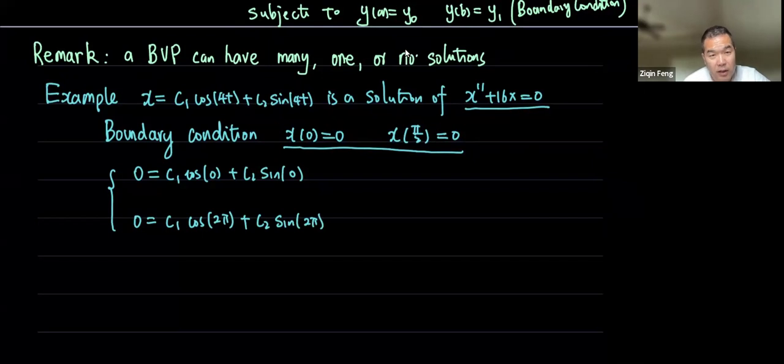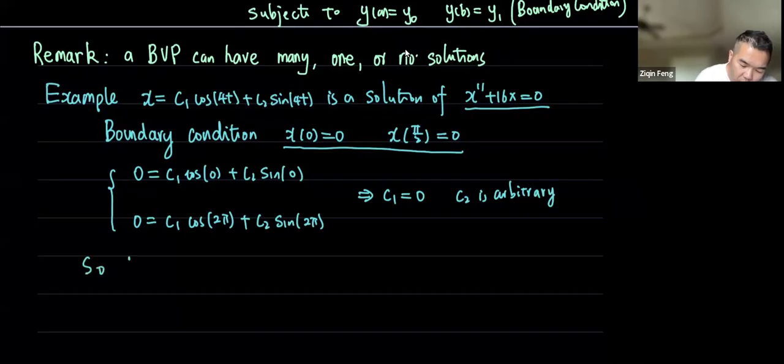If you plug in numbers, cosine of 0 is 1, sine of 0 is 0, cosine of 2 pi is also 1, sine of 2 pi is also 0. So both equations imply C1 here is 0, but C2 here is arbitrary. So you can choose whatever number you want. This system will be satisfied for arbitrary C2.